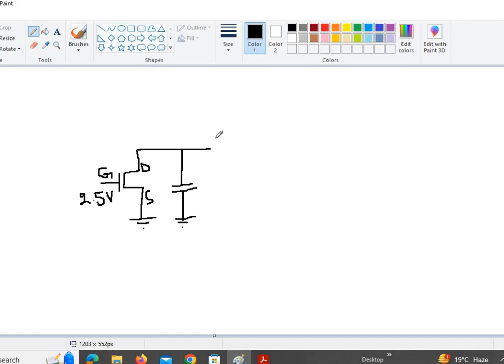Initially assume that the output is high, so assume that the output is at 2.5 volts as well. Now our VGS is equal to 2.5 volts minus, since the source is at the ground level, 0, so our VGS would be 2.5 volts all the time. This transistor would conduct all the time, and we can discharge the output all the way from 2.5 volts to 0 volts.